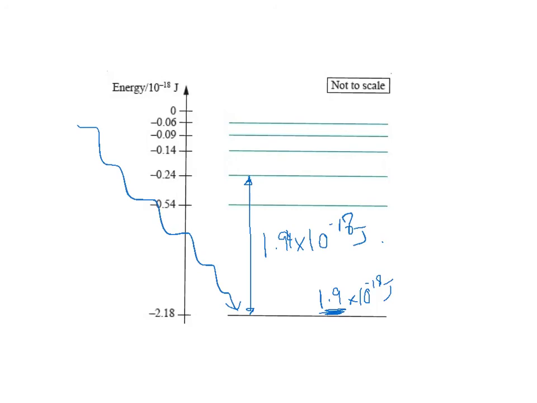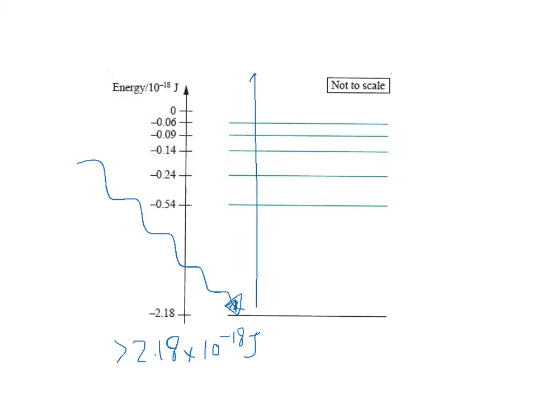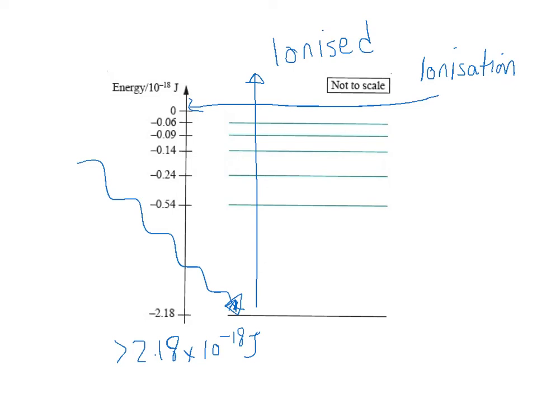The second thing to add is if a photon came in and it had more than 2.18 times 10 to the minus 18 joules, taken from this number here, then the electron would be ionized, because this level here is the ionization level.